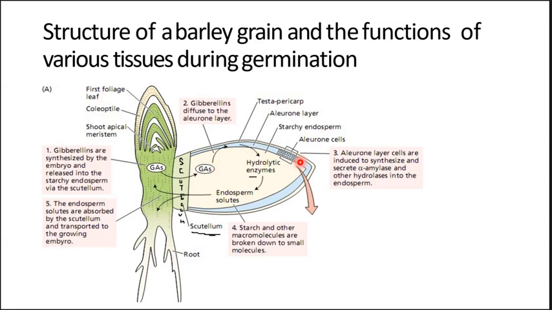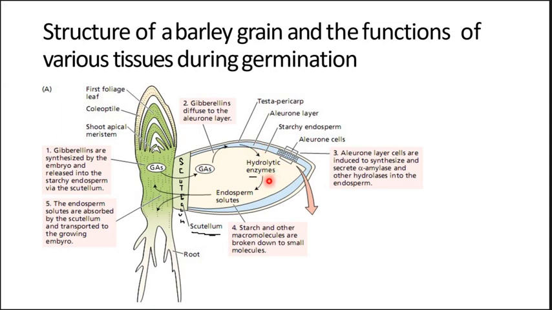Once they are in the aleurone layer, they induce the synthesis of alpha amylase and some other hydrolytic enzymes. So GA will go into the aleurone and allow the synthesis and release of some hydrolytic enzymes from the aleurone into the endosperm.